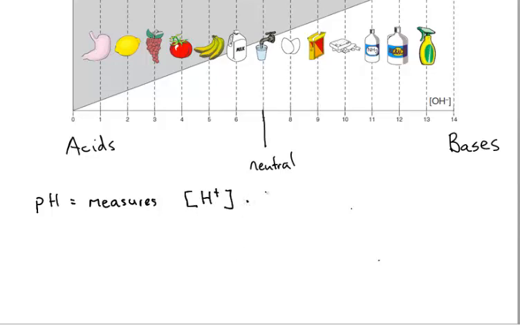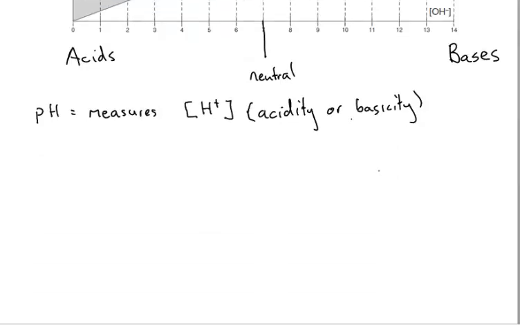Okay, really, we could say it measures the acidity or basicity of a solution. But what makes it difficult is that a pH scale is what's called a negative log scale, and not many of us actually understand what a negative log scale is.